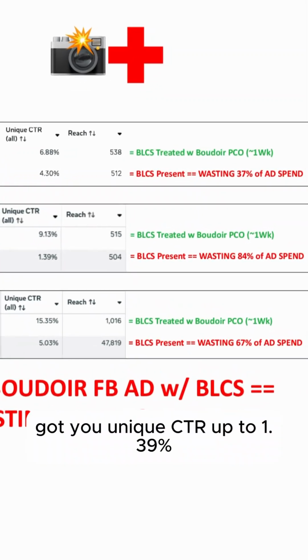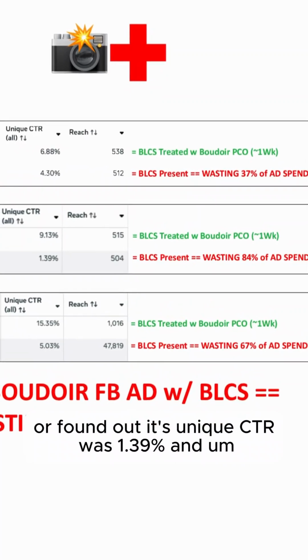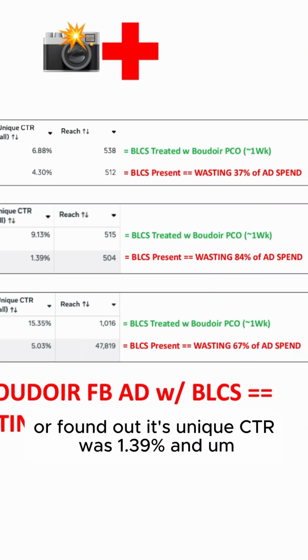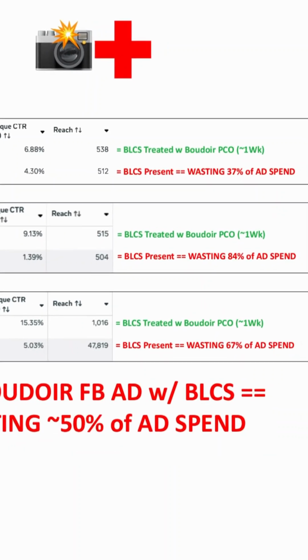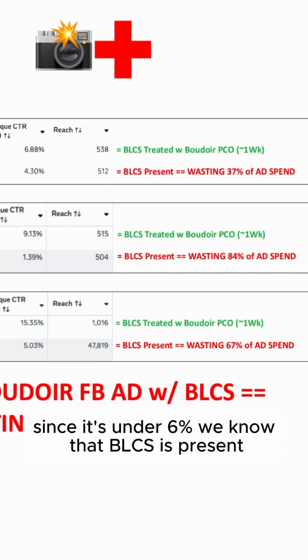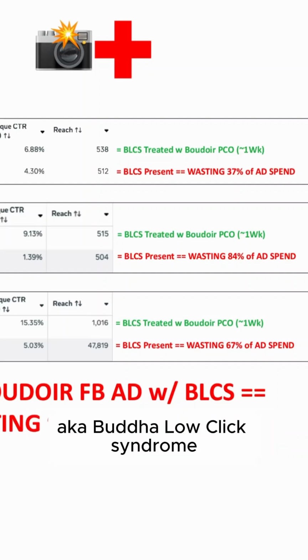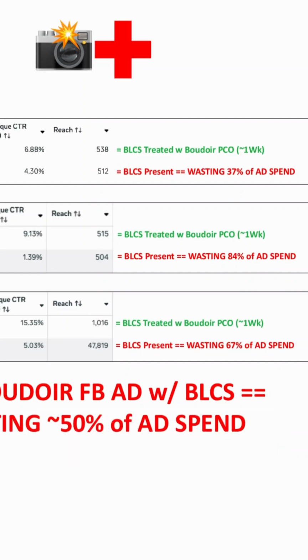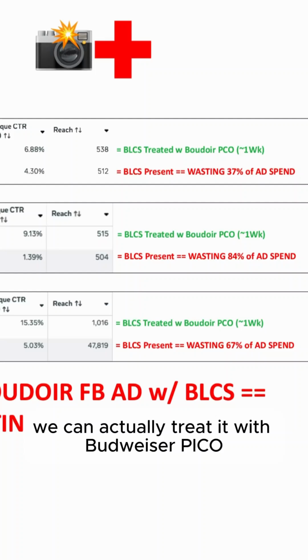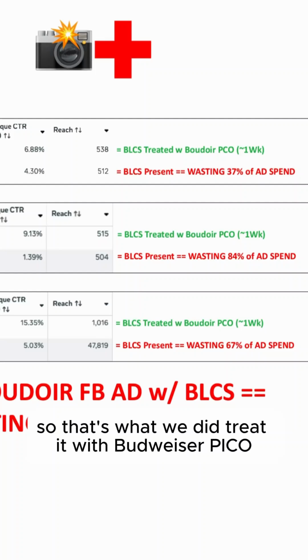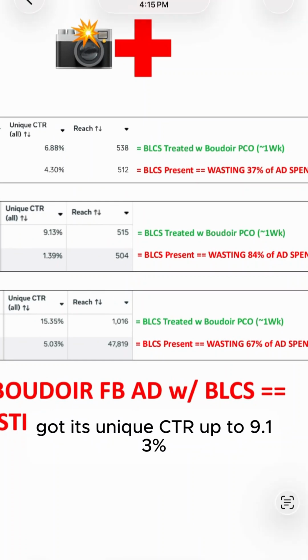Found out its unique CTR was 1.39%, and since it's under 6%, we know that BLCS is present, aka Boudoir low click syndrome, and as a result, we can treat it with Boudoir Pico. So that's what we did. Treated it with Boudoir Pico, got its unique CTR up to 9.13%.